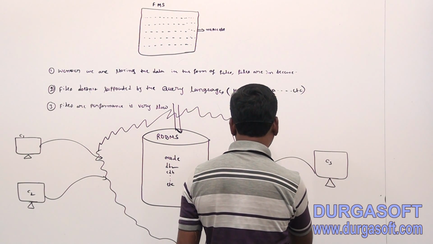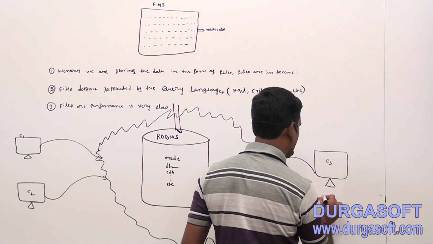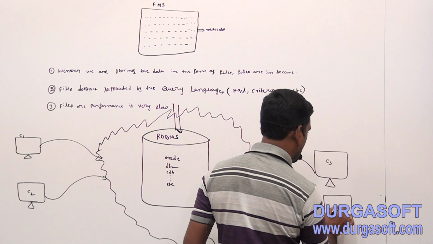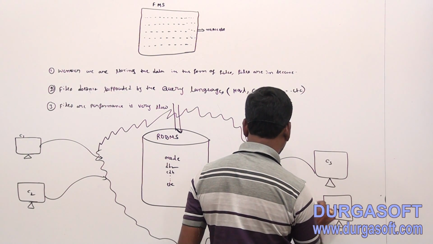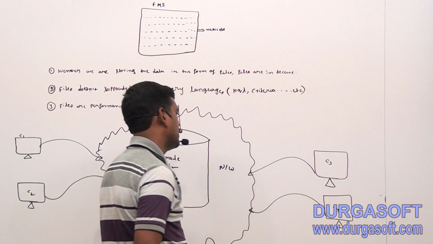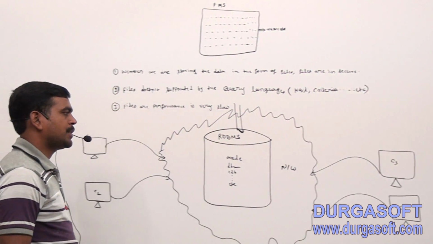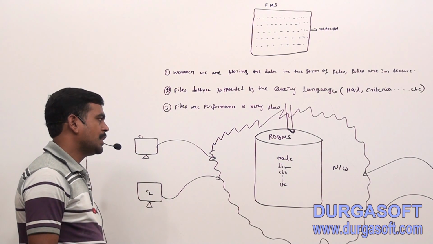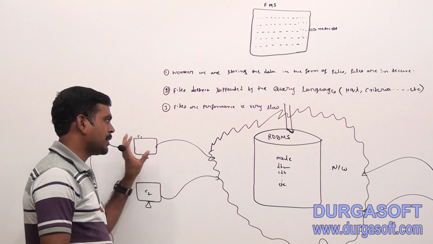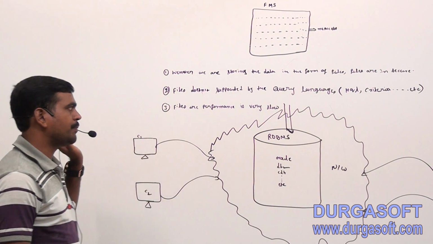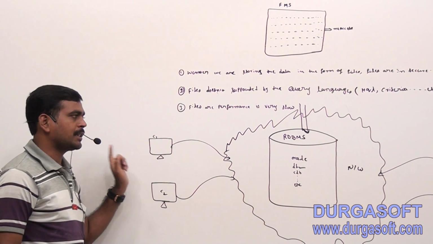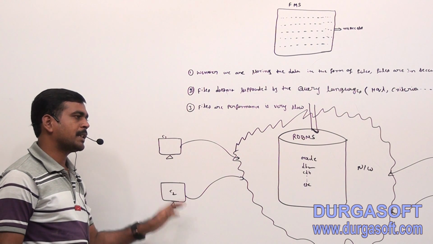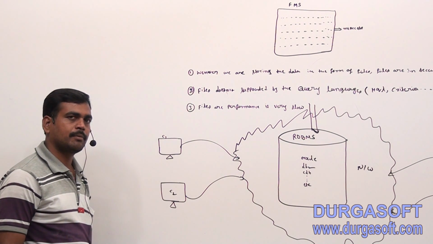Whenever they are communicating directly, there is some performance issue. If a single client is communicating with the database, there is no problem. If multiple clients are connected directly to the database, ultimately the database performance is going to decrease slowly.